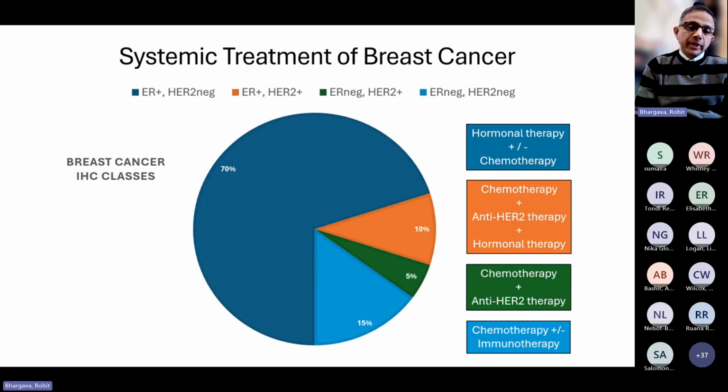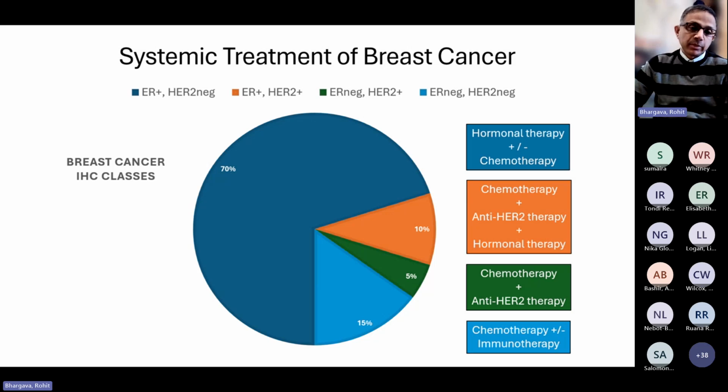And that is generally dependent on the hormone receptor profile of the cancer. For triple negative breast cancer, they are almost always offered chemotherapy. And in the neoadjuvant setting these days, chemotherapy is combined with immunotherapy. For HER2 positive disease, patients are given anti-HER2 therapy along with chemotherapy. And if they are also ER positive, they get hormonal therapy.